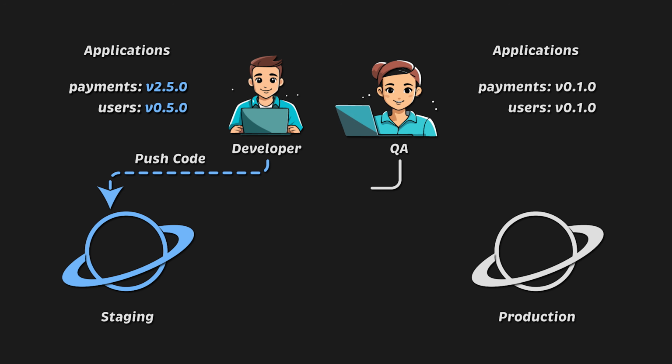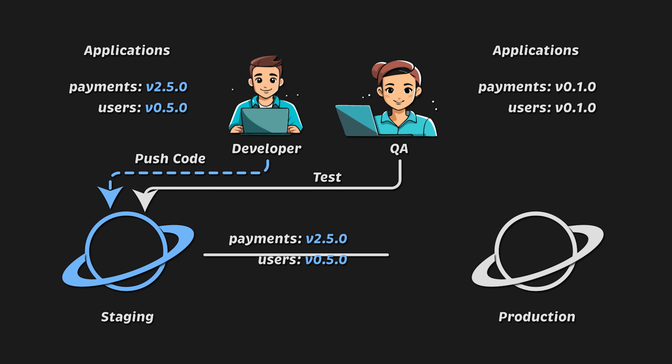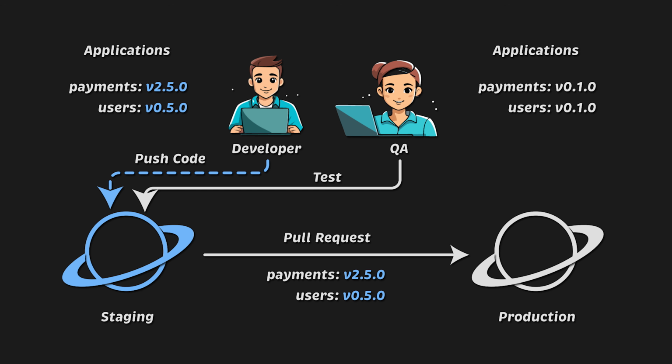Then you would ask your QA team to test individual applications as well as the environment as a whole. After they run all the tests, whether automated integration tests or manual validations, you would take a snapshot of those deployed versions and prepare a production push pull request.